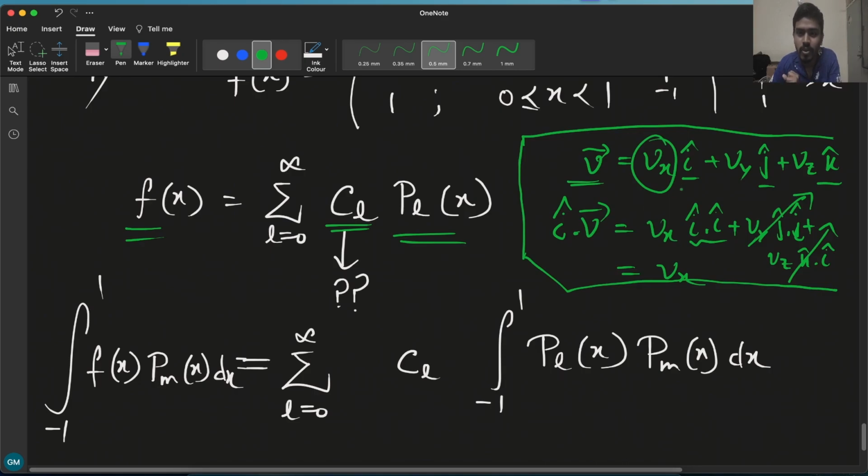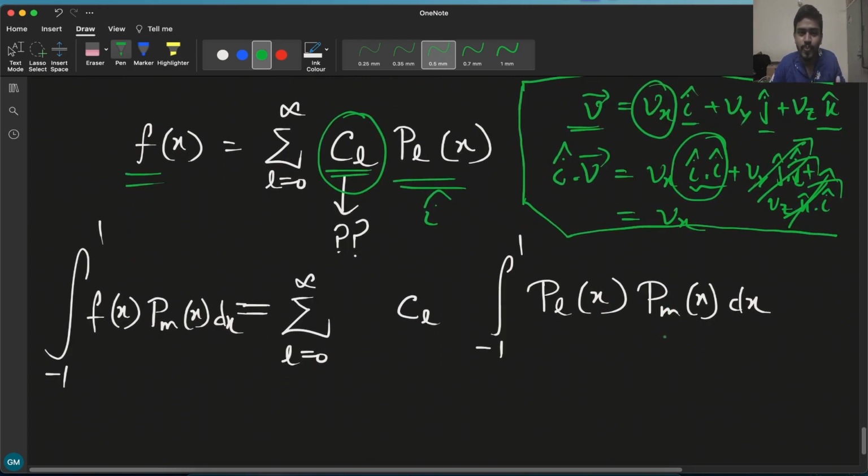Here Vx is the component along i hat, and here c_l you can consider as the component along P_l. P_l is a basis vector similar to i hat. So just like we took a dot product with this basis vector i hat and used the property of orthogonality to cancel all the other components, we are doing the same thing here.